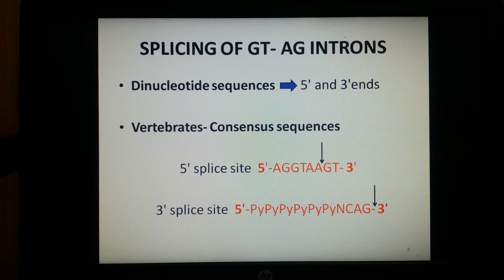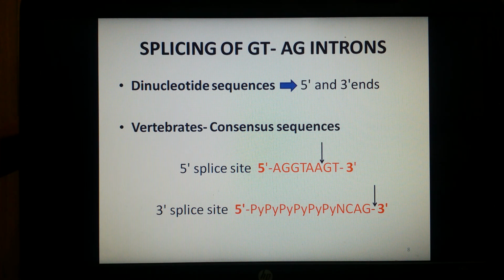PY is the abbreviation of pyrimidine, so either C or U will occur here, and N represents any nucleotide. So the 3' splice site consensus is 6 pyrimidines followed by a nucleotide, then C, and then AG.